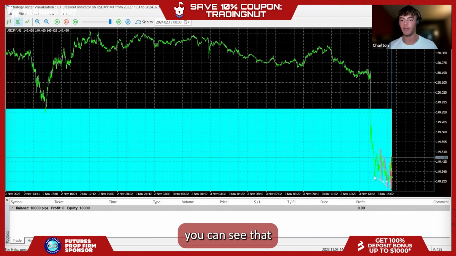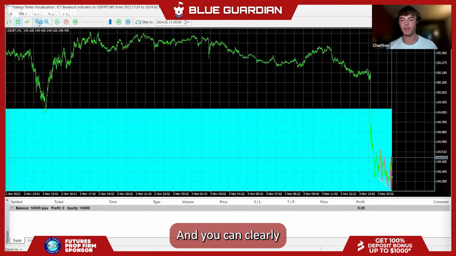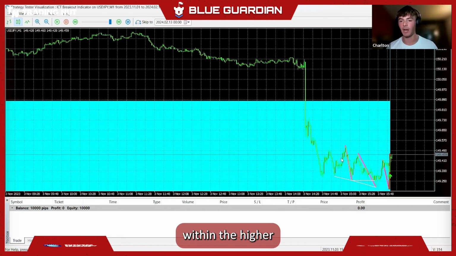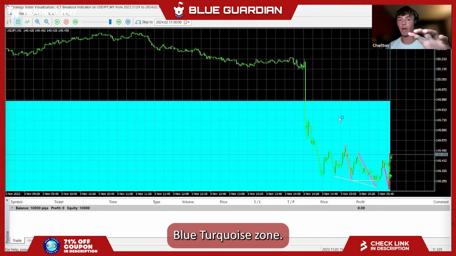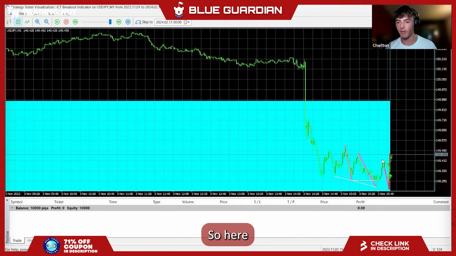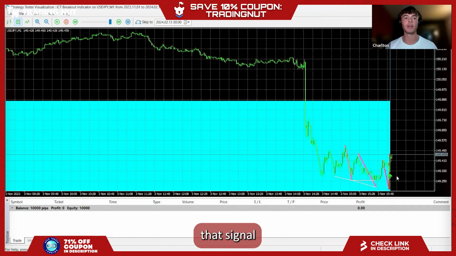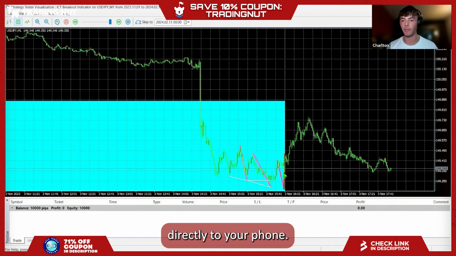And over here, you can see that there is some divergence. Now, this is volume price divergence. Not going to get into that now. And you can clearly see a break of structure taking place within the higher time frame blue turquoise zone. So here we have a break of structure, a sell to buy, broke structure, and the indicator will print a buy signal, and it will send that signal directly to your phone.